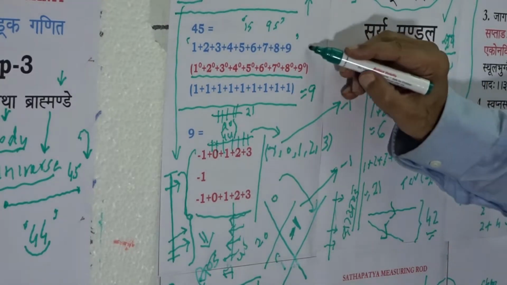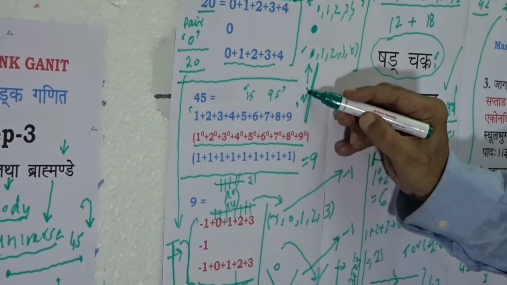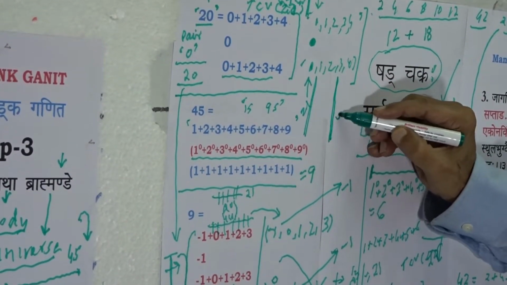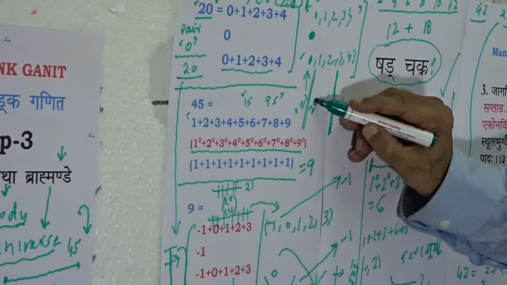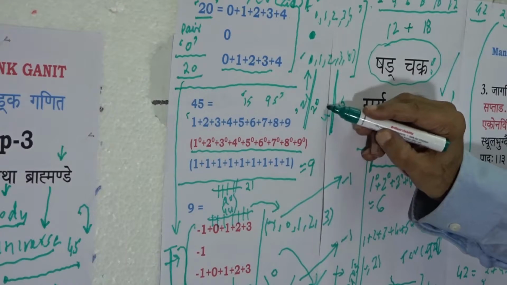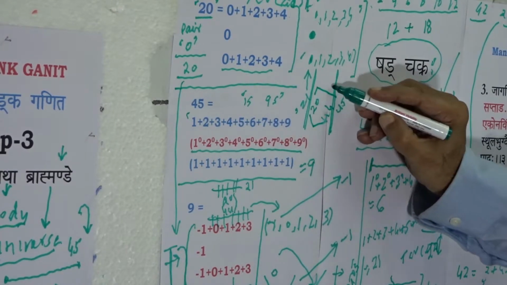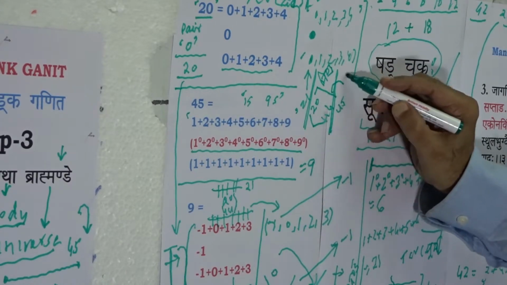Now from the array of 21 points to the array of 45 points, there is in between a phenomenon of the range of value 20 to 44. It is here where is a pinned, and it is here where is a Brahmand.